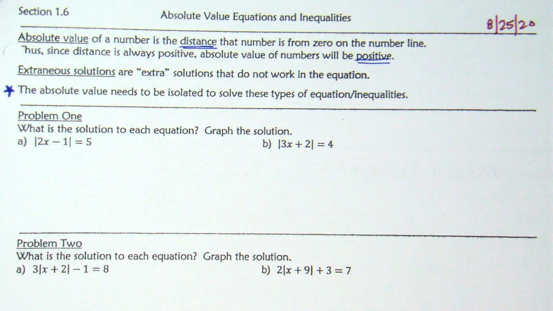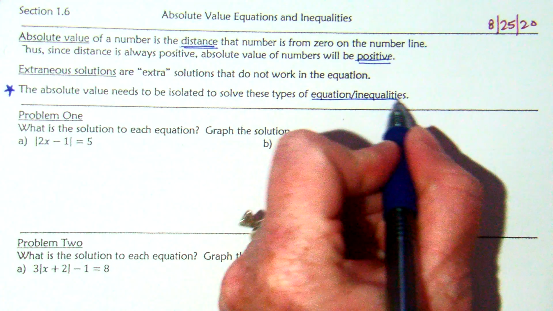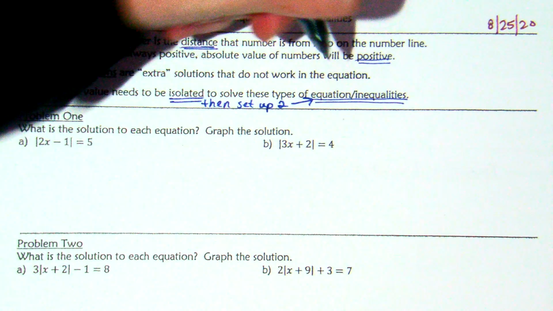And once it is isolated, so once you have that absolute value by itself, all the other outside stuff away, then I will talk about setting up not one, but two equations or inequalities. So we'll isolate the absolute value. Then we will set up two equations or inequalities depending on the problem.